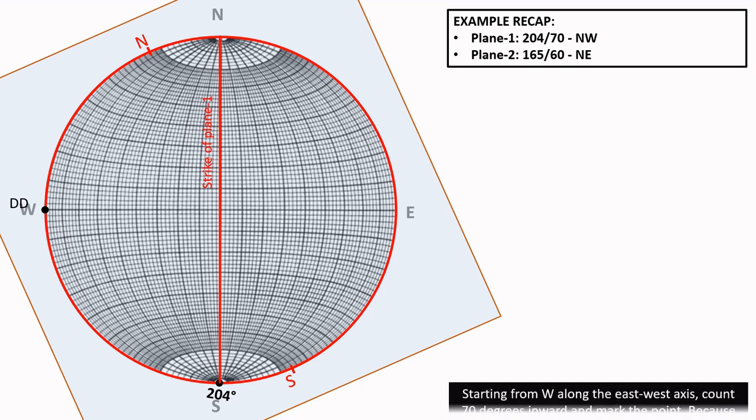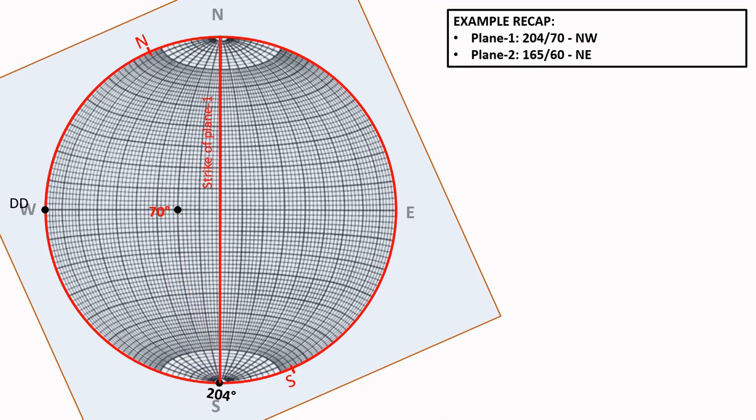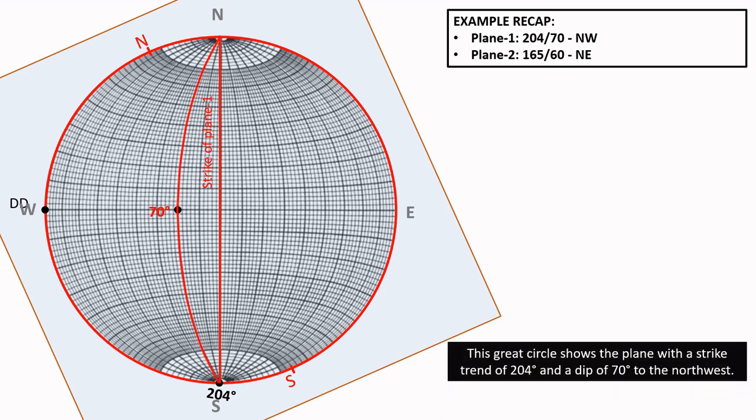Starting from W along the east-west axis, count 70 degrees inward and mark the point, because the plane dips at 70 degrees. Draw the great circle that passes through this point. This great circle shows the plane with the strike trend of 204 degree and a dip of 70 degree to the northwest.